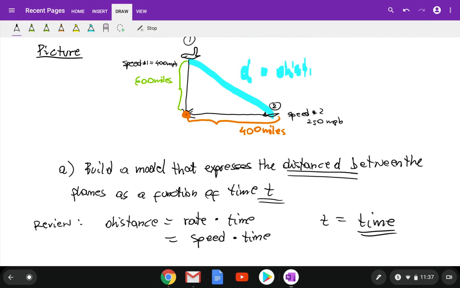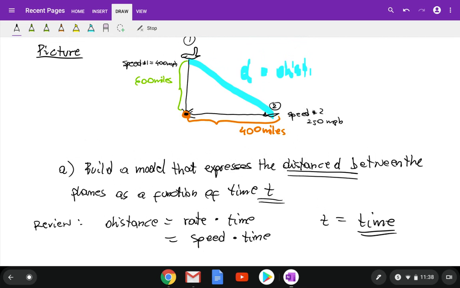So this is the distance at the beginning, before the planes intersect at this point right here. And for plane 2, the distance from the point of intersection at the beginning is 400 miles. Of course, the distance will decrease because the planes are flying.